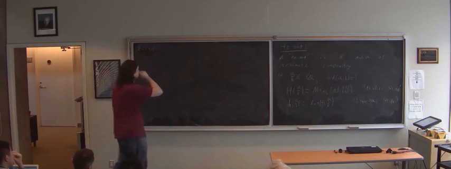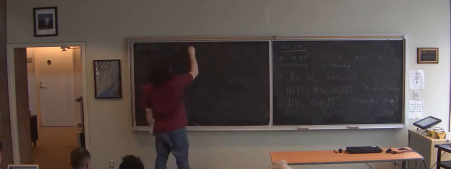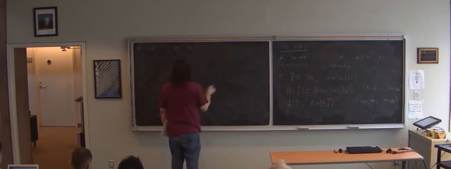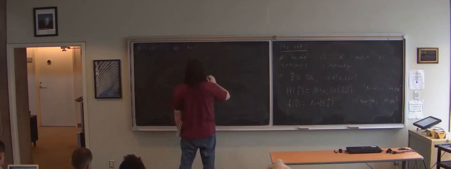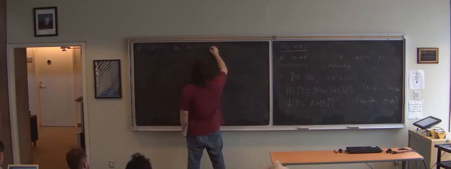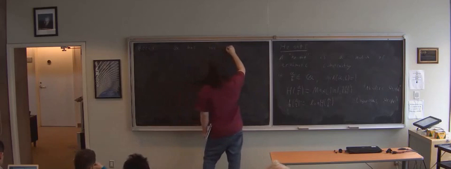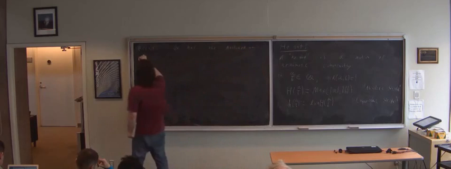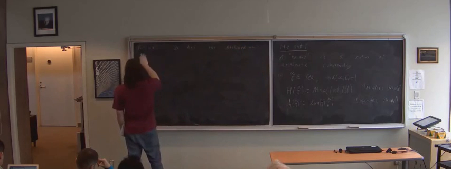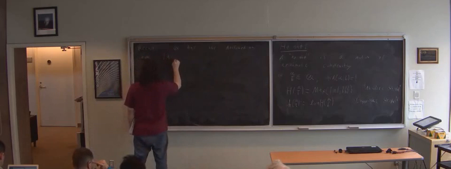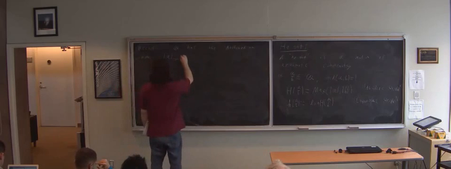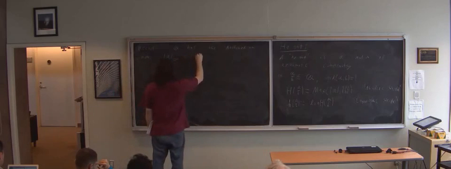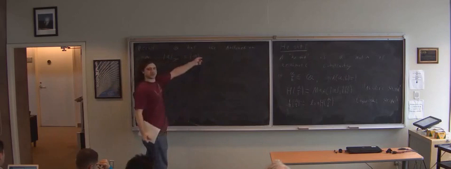Recall that Q has many absolute values. It has the usual Archimedean absolute value, also called the Archimedean norm, which takes a number A and returns the usual absolute value of A.